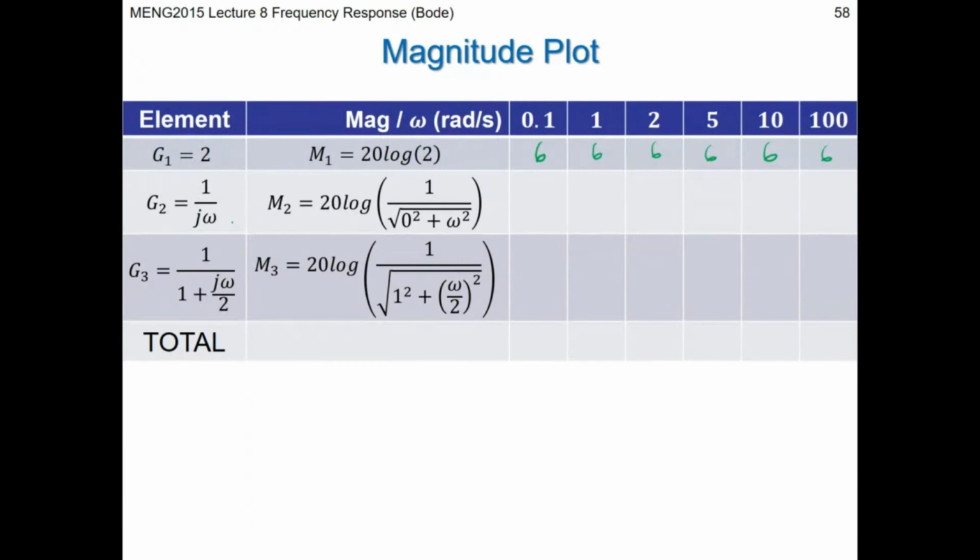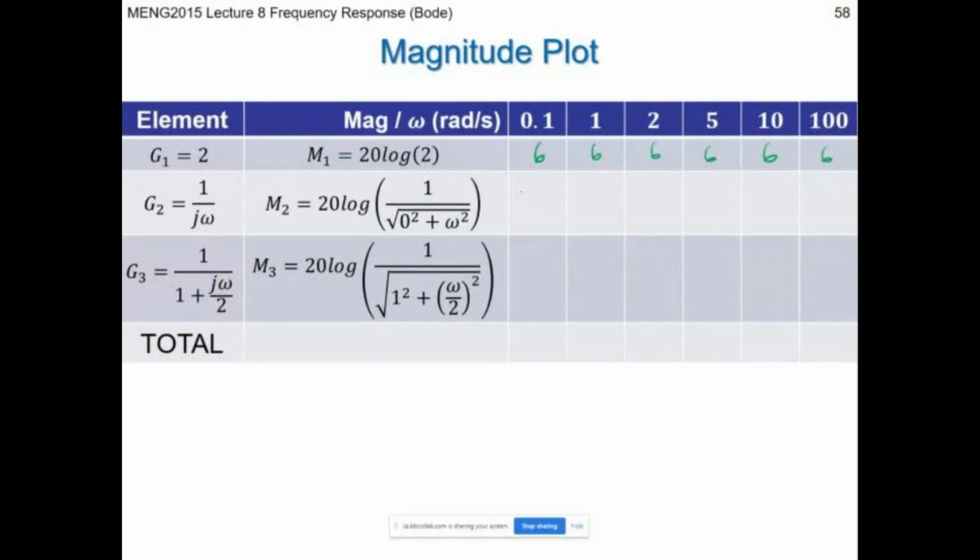What about our pure integrator, 1 upon j omega? Well, that gives us a magnitude of 20 log 1 over the square root of 0 plus omega squared, because there's no real part. That's our imaginary part. So that's just going to be 1 upon omega.